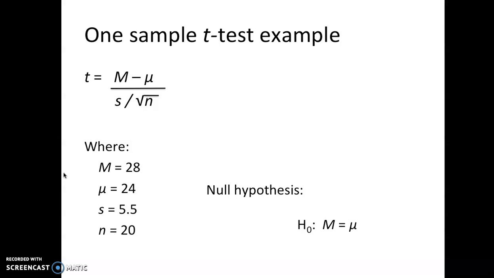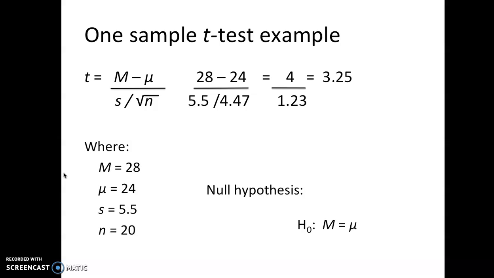The null hypothesis states that any differences between these means was due to chance, that there's no real difference between our sample and the population. So let's see if we can reject this null hypothesis. We can plug in our values and start reducing. You'll see that we are left with a t obtained of 3.25.